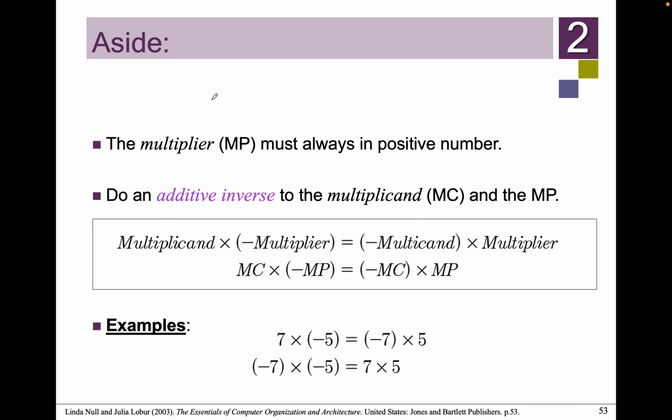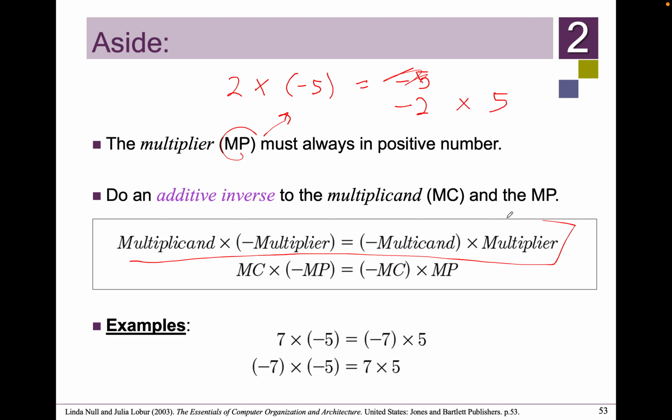If let's say I give you an example, you have 2 multiplied with negative 5. So what you need to do, because MP cannot be a negative number, you need to convert it into negative 5. Negative 2 multiplied with 5. So this is the equation or rules for you to remember.